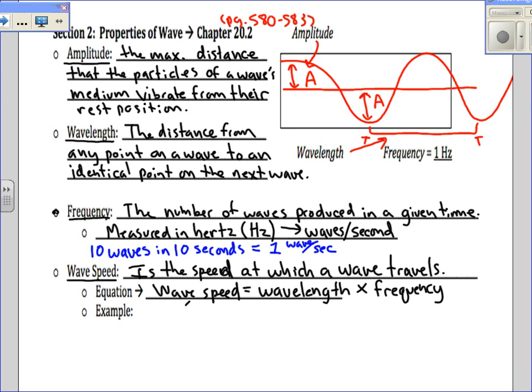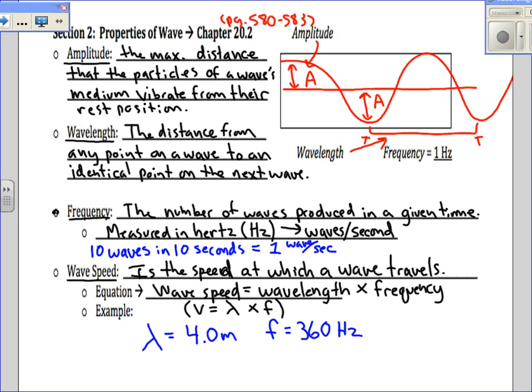In this case, we'll write this as v is equal to lambda, that's going to be the wavelength, times f, which is the frequency in hertz. So an example of this, we'll write this down. The wavelength is going to equal 4 meters, because wavelength is in meters, and the frequency is going to equal 360 hertz.